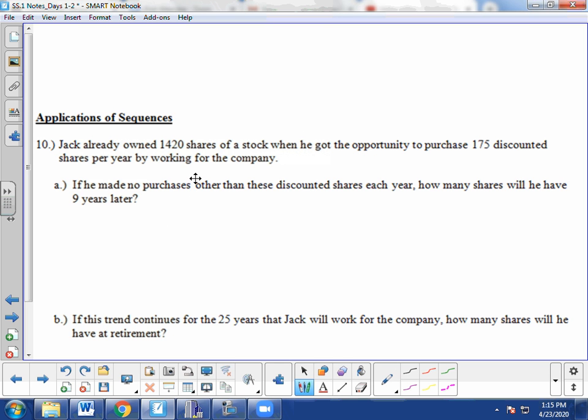So the sequence is what's important because each year it's going to be a total number of shares. So this is his initial shares here. This is basically a sub 0. It's not going to be part of the sequence, but it gives us a starting place. What we could do is find a sub 1. We know that a sub 1 would be 175 shares more. So 1595.